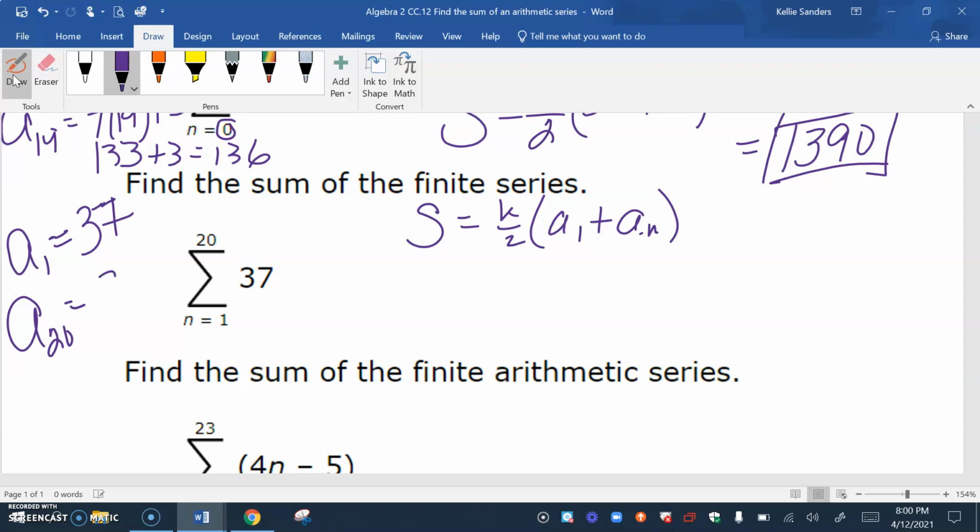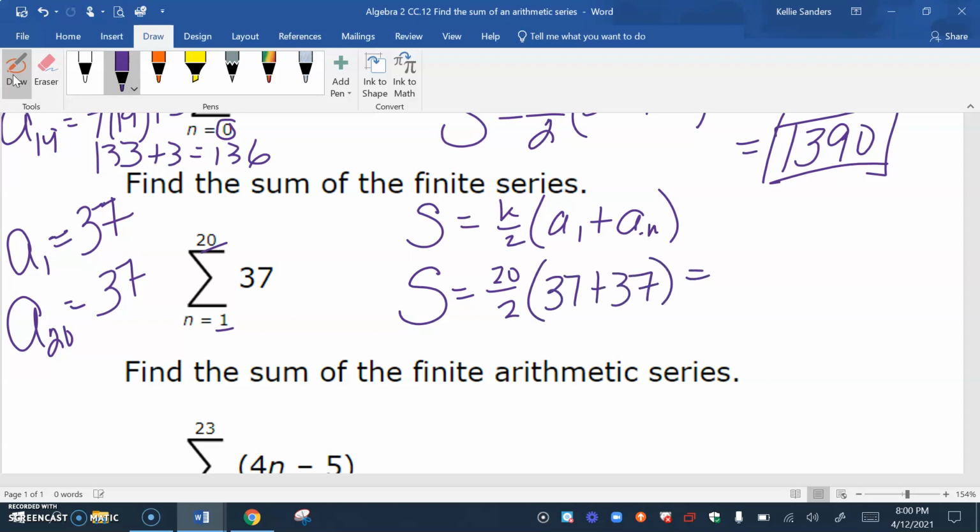But there's no n, so it's going to be 37 also. Since we're starting at 1 and going to 20, we would have 20 terms. We have 37 plus 37. 20 over 2 is 10. And that's 74. So 740.